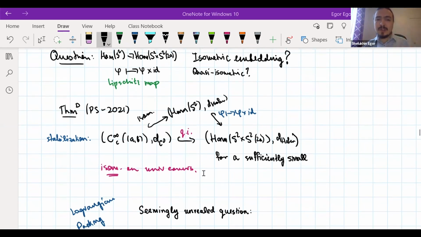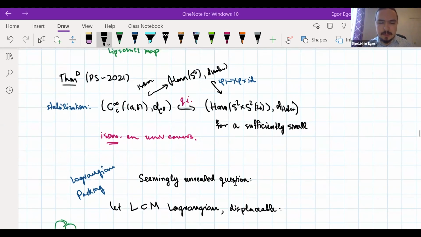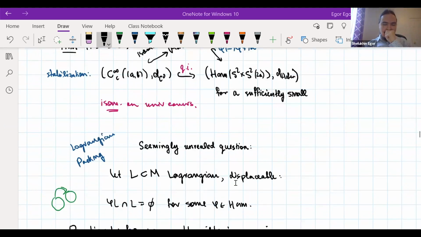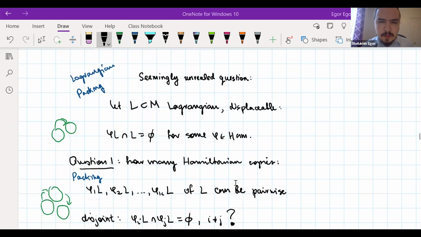But on universal covers, when we don't care about these loops, it is indeed an isometry. I will make further comments about this in a moment.